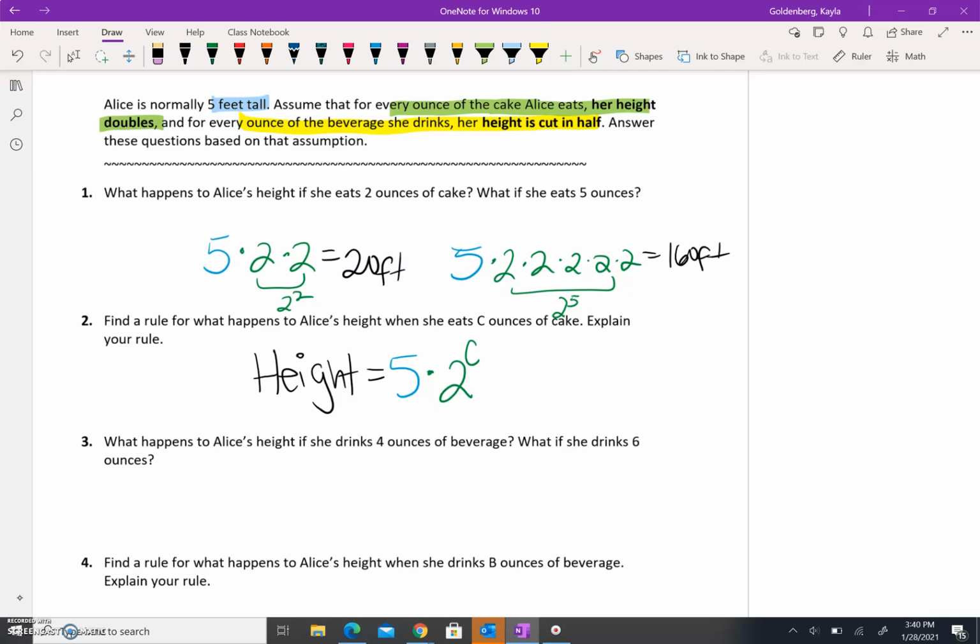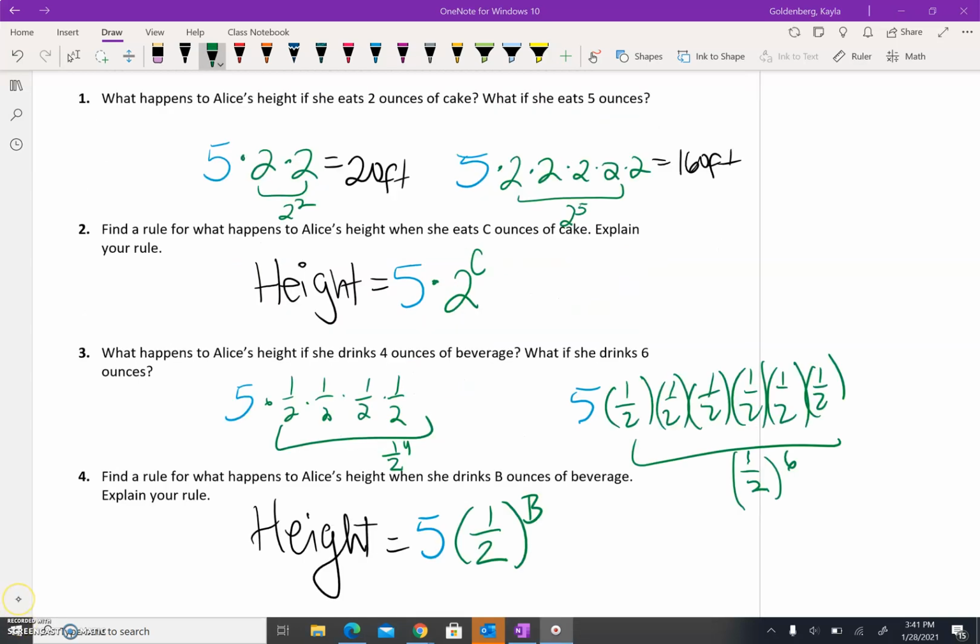And then you have to multiply it by powers of 2, right? 2 raised to some power. And the power, squared versus to the 5th, was dependent on just how many ounces. So if we're generalizing it to C ounces, it would be to the power of C. Okay, go ahead and try out the beverages as well.